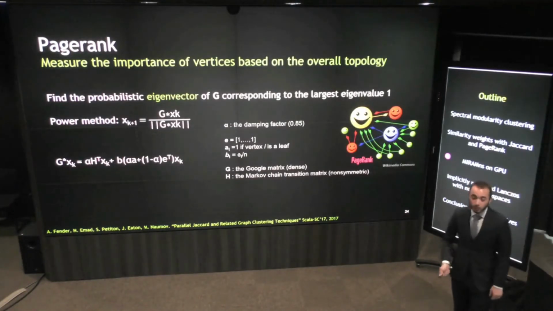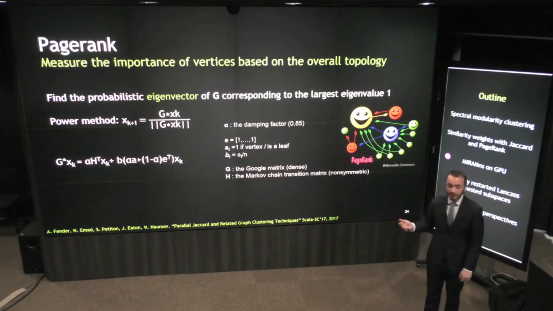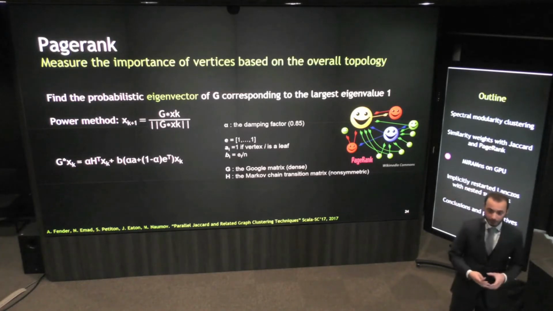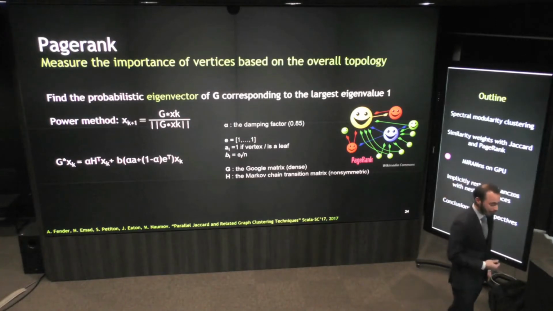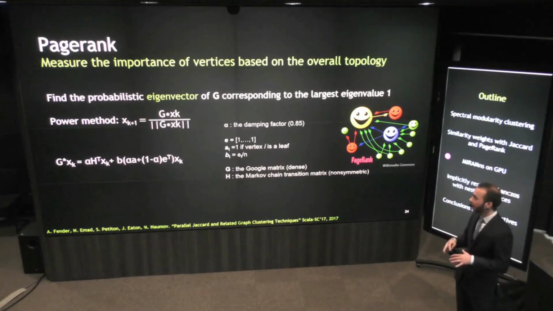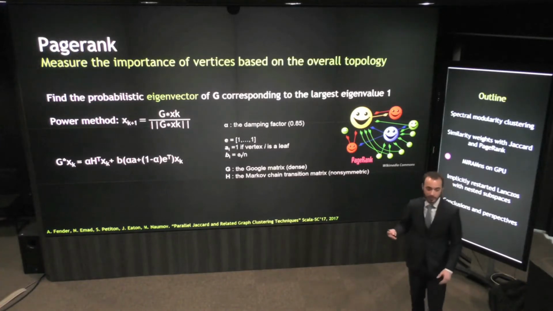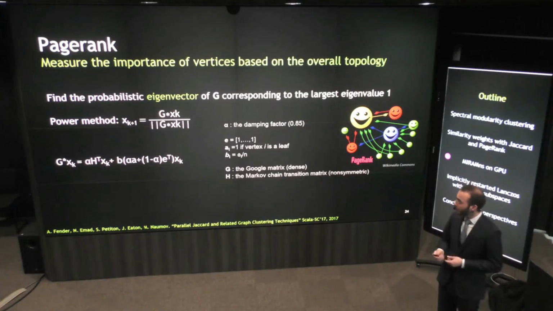Now, I mentioned we will also have vertex weights, and those vertex weights are based on PageRank. So PageRank is an important ranking measure. It was invented by Larry Page, the founder of Google, and it is based on how influence propagates in the network, based on topology, and that will give you a ranking score that we later use in our Jaccard similarity measure.